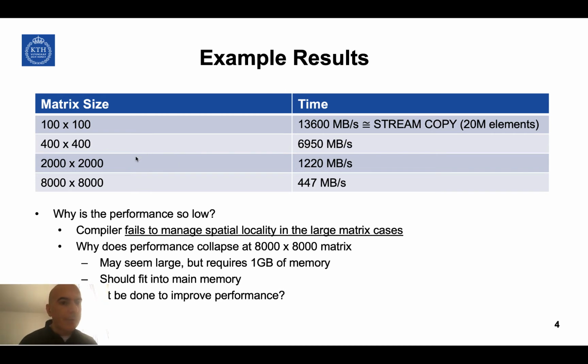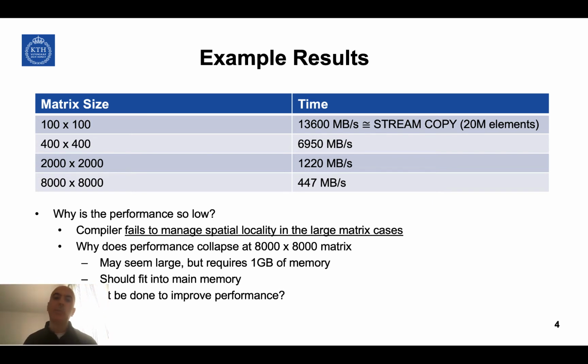So the performance deteriorates as the size increases, up to a test case of 8000 by 8000, where I only achieve 447 megabytes per second of bandwidth. So why is the bandwidth going so low? Well, the compiler clearly fails to manage the spatial locality.